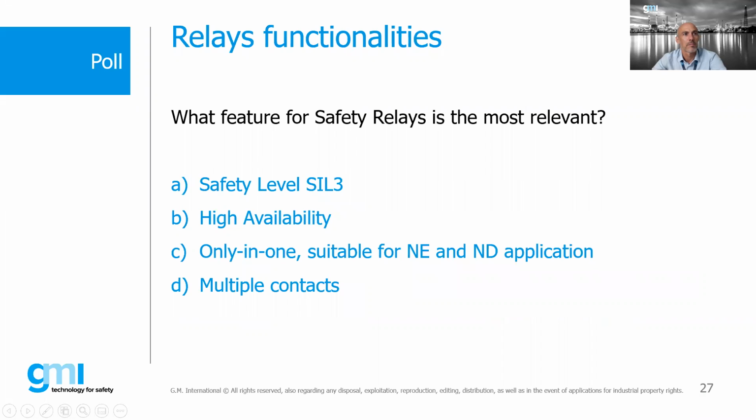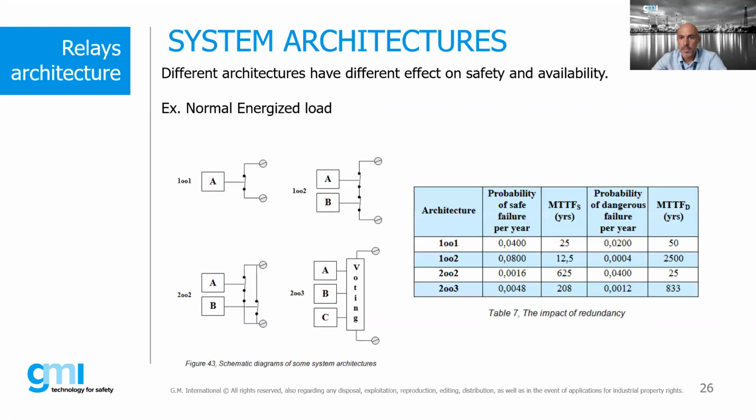Pushing the wrong button. Sorry. In this case, it is not as good for safety as it was in architecture 1 out of 2. So I introduce another relay. We decided to use architecture 2 out of 4, and you will see why. That's a very, very important point.